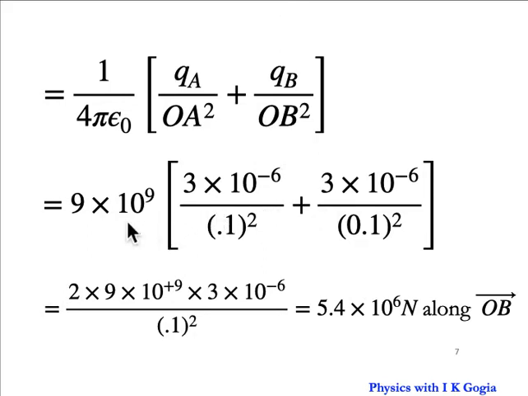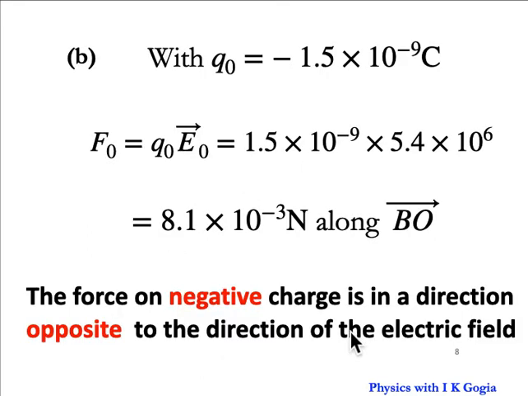So the net result is 9 into 10 to the power 9. These are identical terms, so we'll multiply by 2. We'll get 2 into 3 into 10 to the power minus 6 over 0.1 whole square. Calculations lead us to this result.